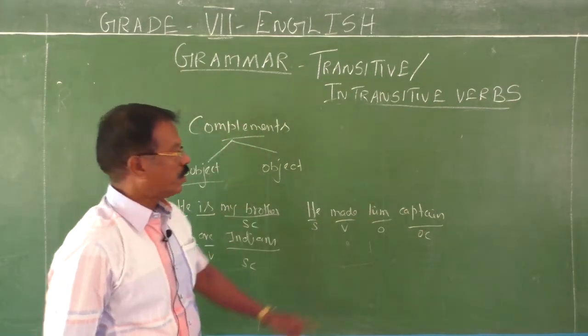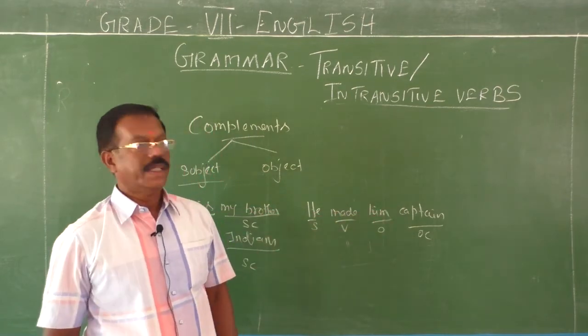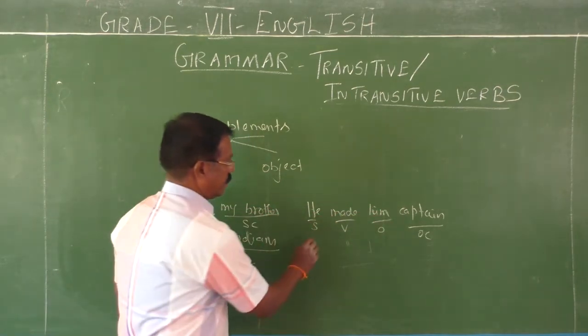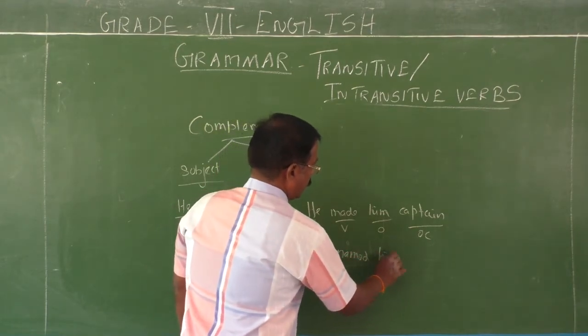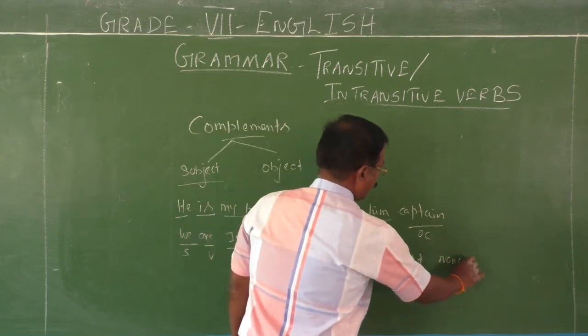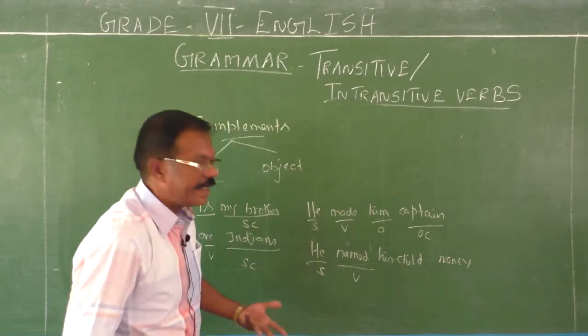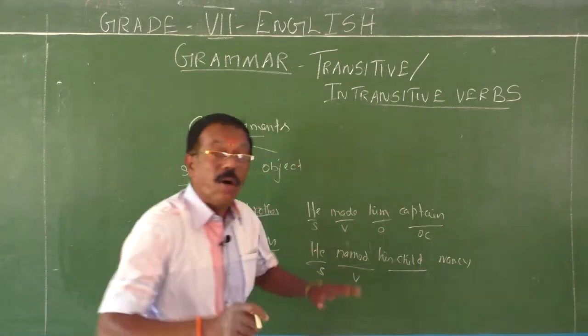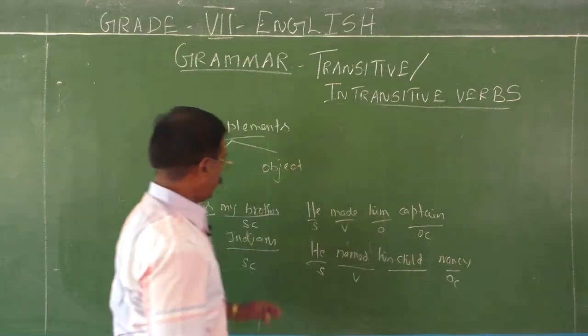So object complement depends upon the object. He made him captain. He named his child Nancy. He subject, named verb. He named whom? His child is an object. How he named his child? Nancy is an object complement. So this is the difference.